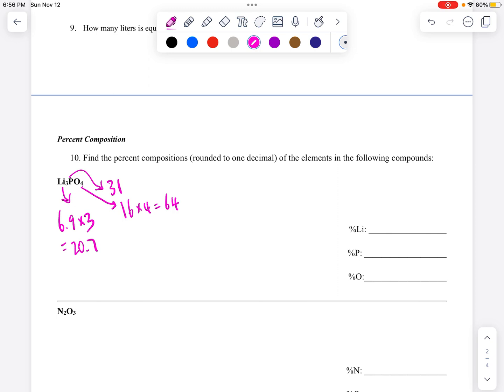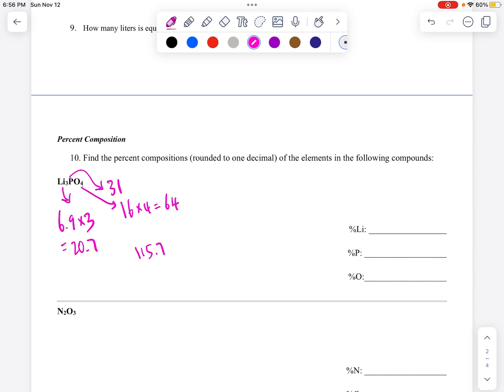All right, I'm going to go ahead and quickly add those up. So that's 95. Add those together. 115.7. Okay, so what exactly is 115.7 here? That is the molar mass of this entire compound here, this lithium phosphate, okay?